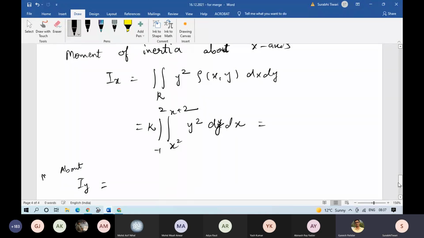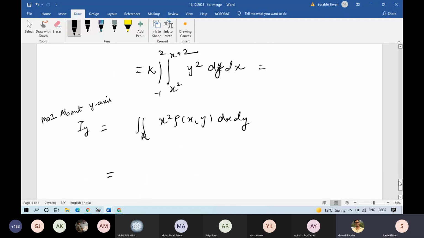About moment of inertia about y axis. So Iy is equal to double integration over the region R, x square rho xy dx dy. So this is equal to rho xy बाहर चला गया, के अंदर बचा x square dy dx. Again limits are same.